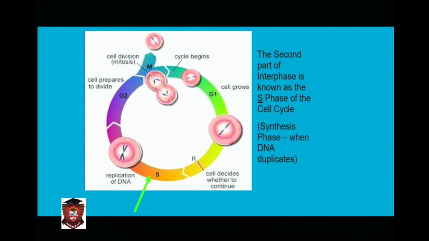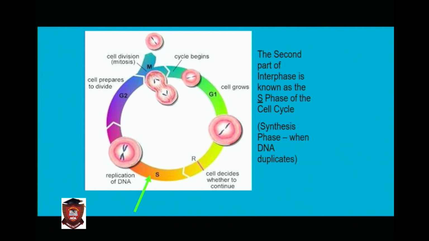The resting phase is G0. Now, what is G0? After G1, can we see the R? That is the place where the cell decides whether to continue. That place, you can put G0. If it enters G0, that means it will go and rest.